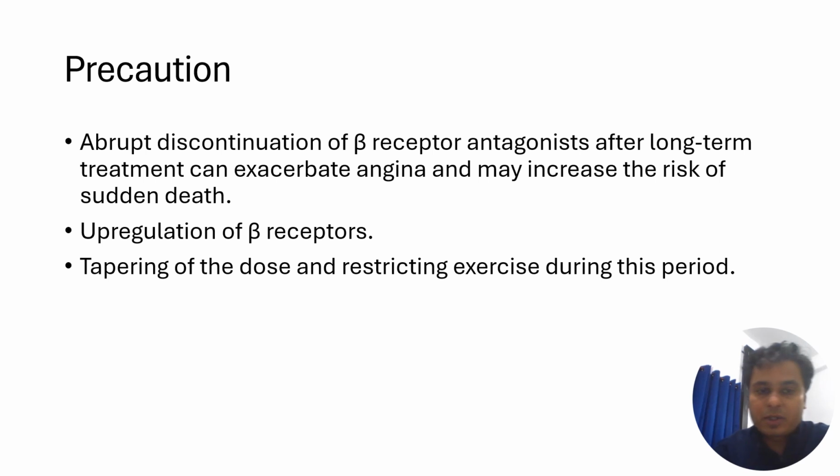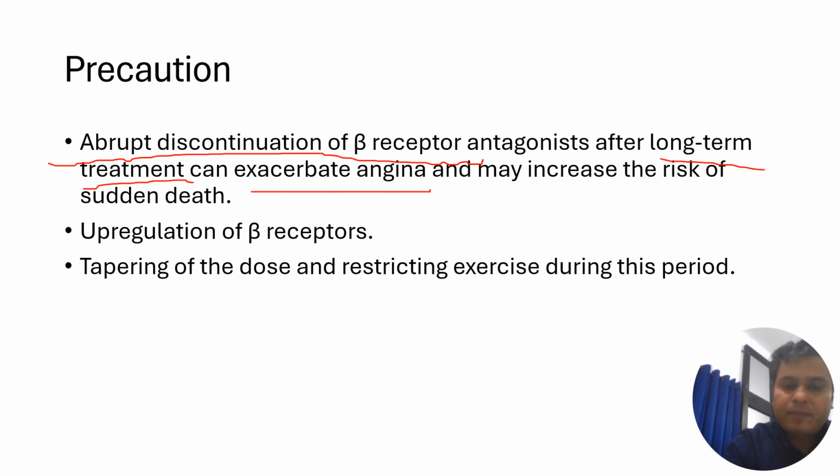So what is the precaution? After seeing the adverse events, we come to the precaution section. Beta blockers discontinuation should not be abrupt. Abrupt discontinuation of beta blockers after long-term treatment can exacerbate angina and may increase the risk of sudden death.